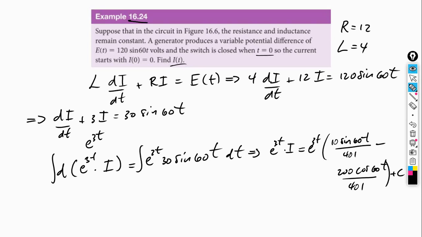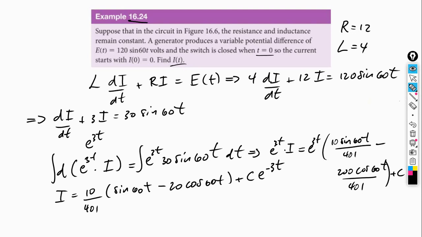So we can simplify this into an expression that looks like this. I is equal to 10 over 401 of sine of 60t minus 20 cosine of 60t plus c times Euler's number to the minus 3t.